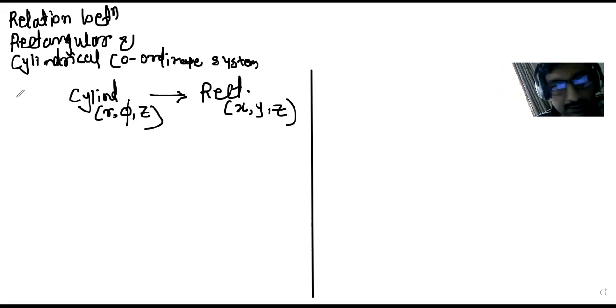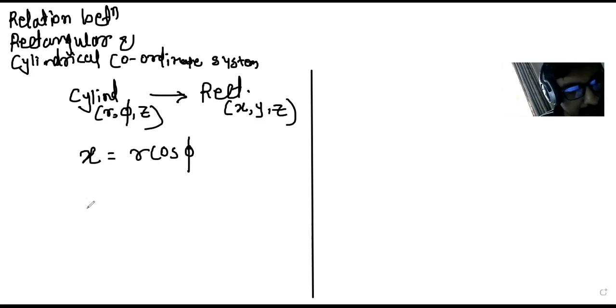So the relations you will use: number one, x is equal to r cos phi. This is the first relation. Second relation, to find y: y is equal to r sin phi.